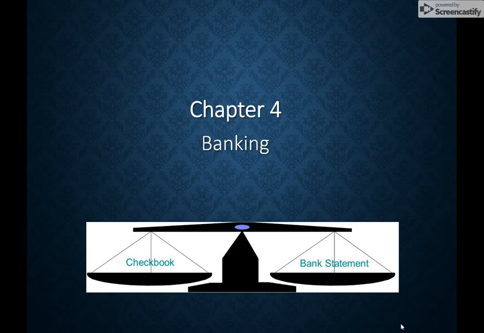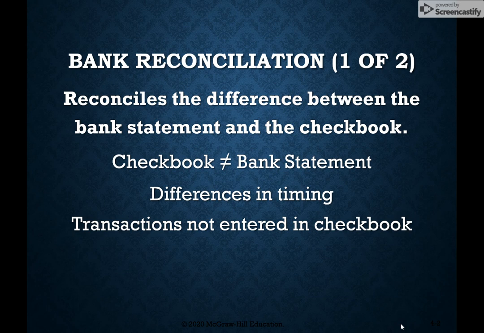In other words, those two numbers are not the same. And the reason why is because of differences, either resulting from timing differences, or it could be because of errors, either on the bank side or on the checkbook side.